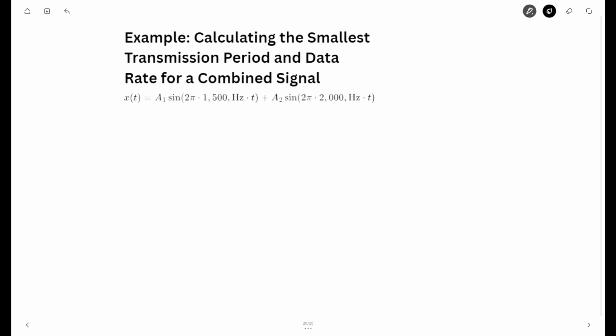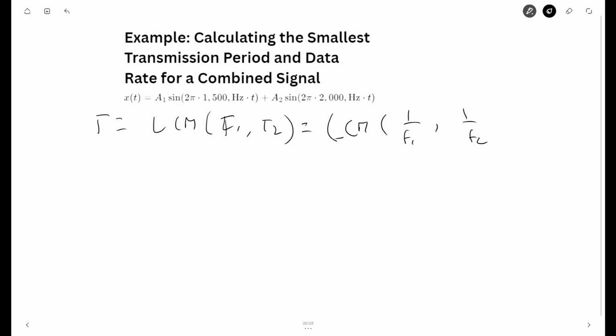As we learned before, the transmission period for a combined signal is the LCM of T1 and T2, which is equal to the LCM of 1 over F1 and 1 over F2.